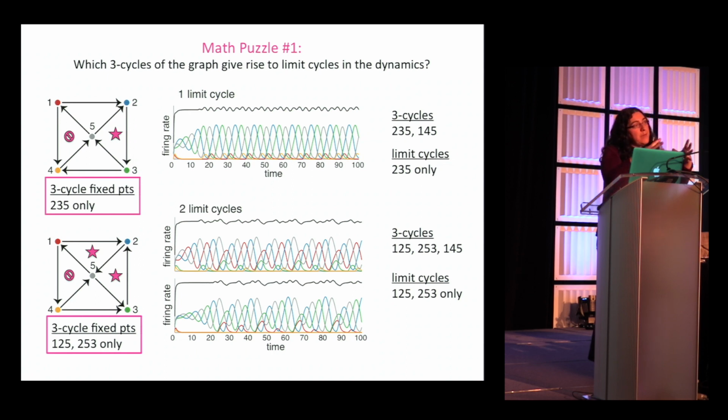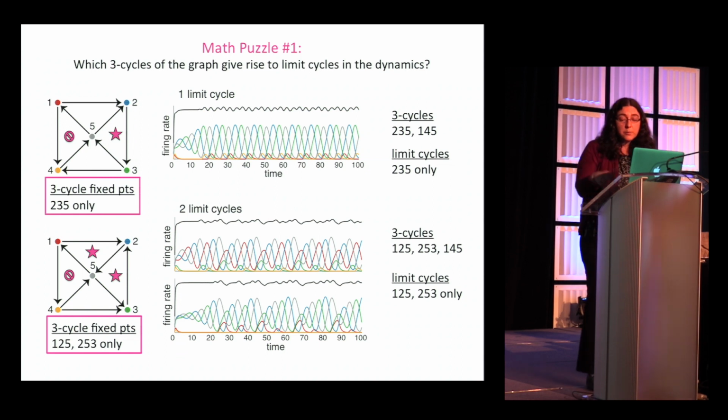Somehow, when I've embedded my 3 cycle in the larger network, that fixed point moved outside the appropriate chamber, and it's no longer a fixed point of the larger network. So the fixed point survival is giving us a clue, and the same exact story here, as to which motifs have attractors that survive to the larger network.